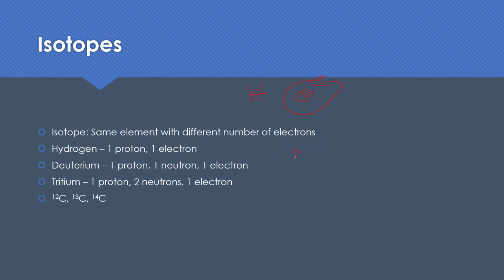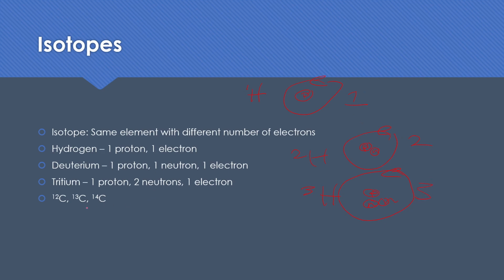Well, deuterium, hydrogen-2, has 1 proton, 1 neutron, and 1 electron. And then tritium, hydrogen-3, has 1 proton, 2 neutrons, and 1 electron. You might notice that these are going to weigh different amounts. So that's going to have a weight of 1, that's going to have a weight of 2, that's going to have a weight of 3. We're going to come back to that later.